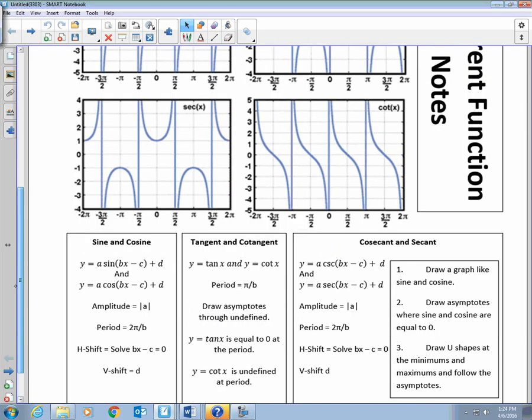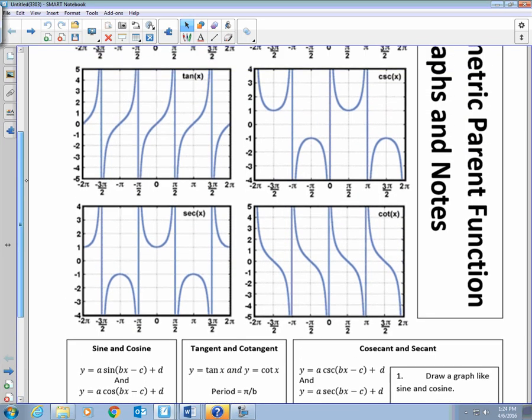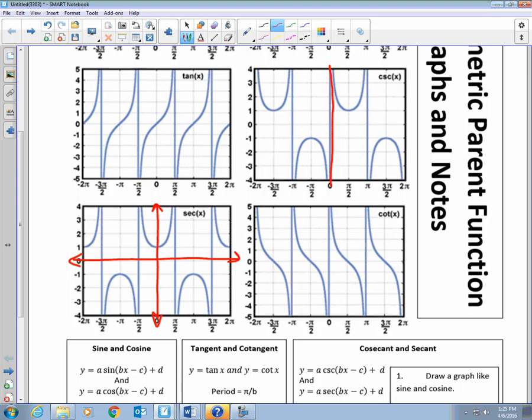All right, here we go. So these are your graphs. This is what you're going to reference during the course of the test. So this is your secant graph. Again, I drew the axes on there. Then this is the cosecant graph. Again, I drew the axes on there, and you can see that.